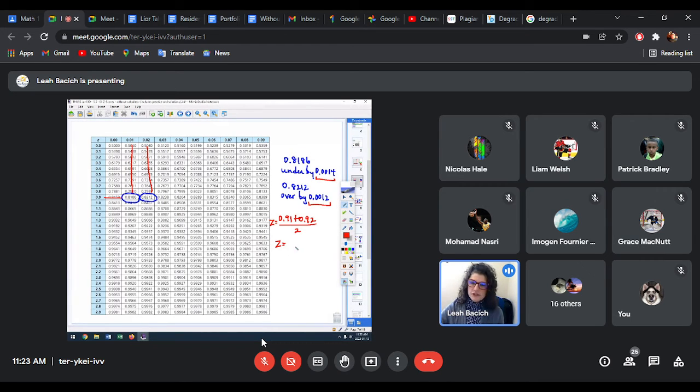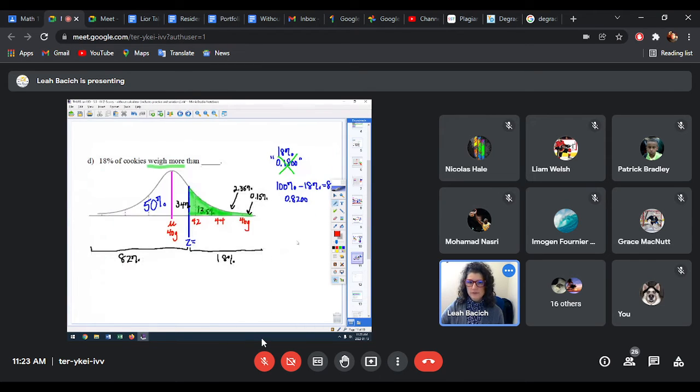So if I find the average here, I get 0.915. And yes, I will use the whole Z for that one. So Z is equal to 0.915. If we think of our Z-scores here as a little check, this Z is 0, this Z is 1. Is this somewhere in between 0 and 1? It is, so it looks like we have our correct Z-score that we need.